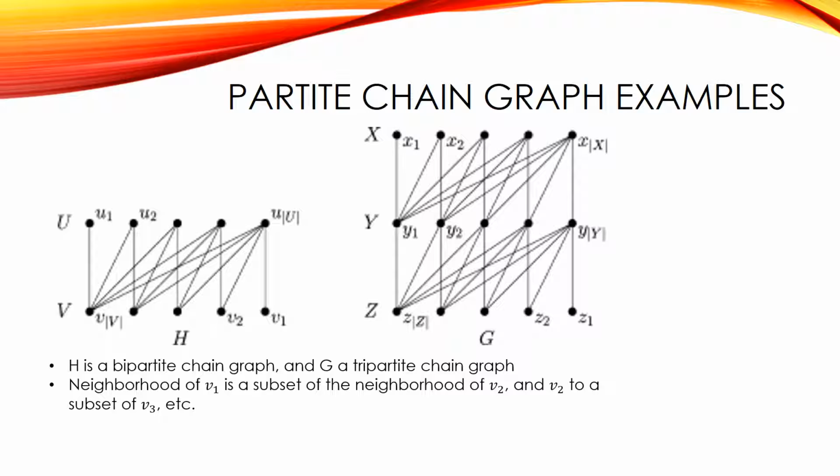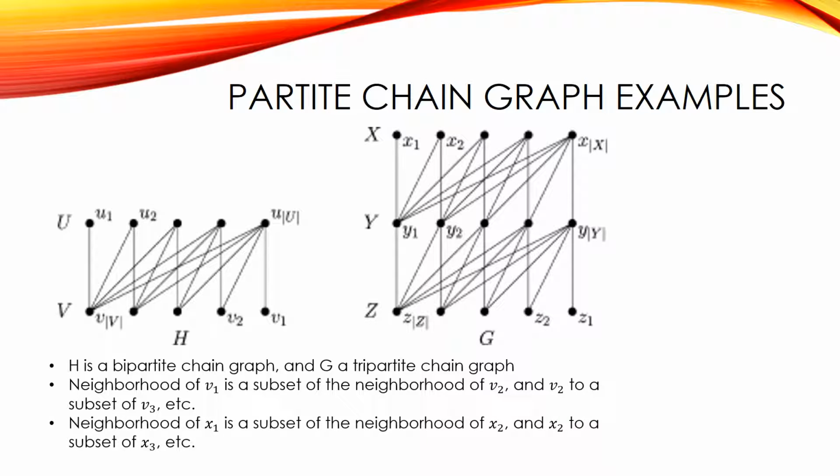Notice that in the graph on the left, the neighborhood of V1 is a single vertex, and it's a subset of the neighborhood of V2, which is two vertices. And likewise, the neighborhood of V2 is a subset of the neighborhood of V3. The graph on the right works the same way. The neighborhood of x1 is a subset of the neighborhood of x2, and the neighborhood of x2 to that of x3, and so on and so forth.